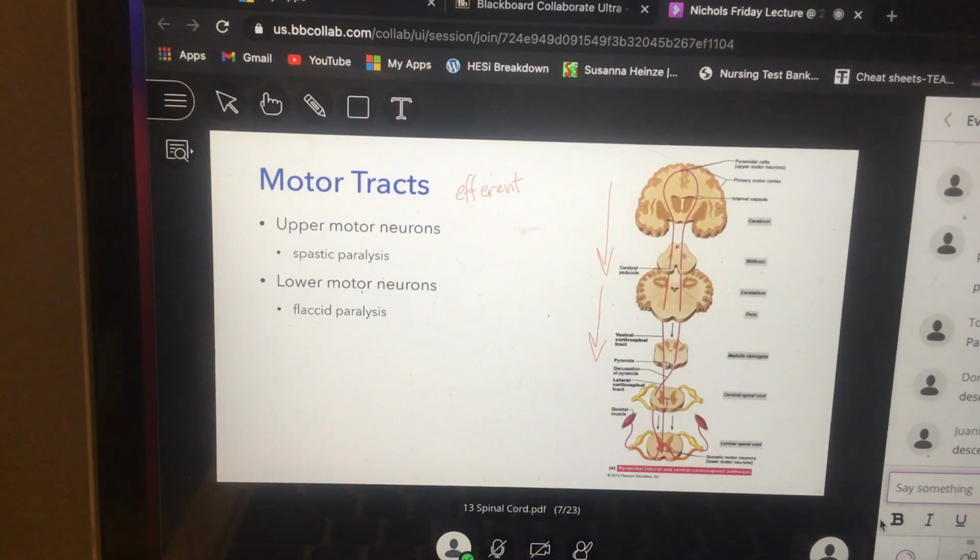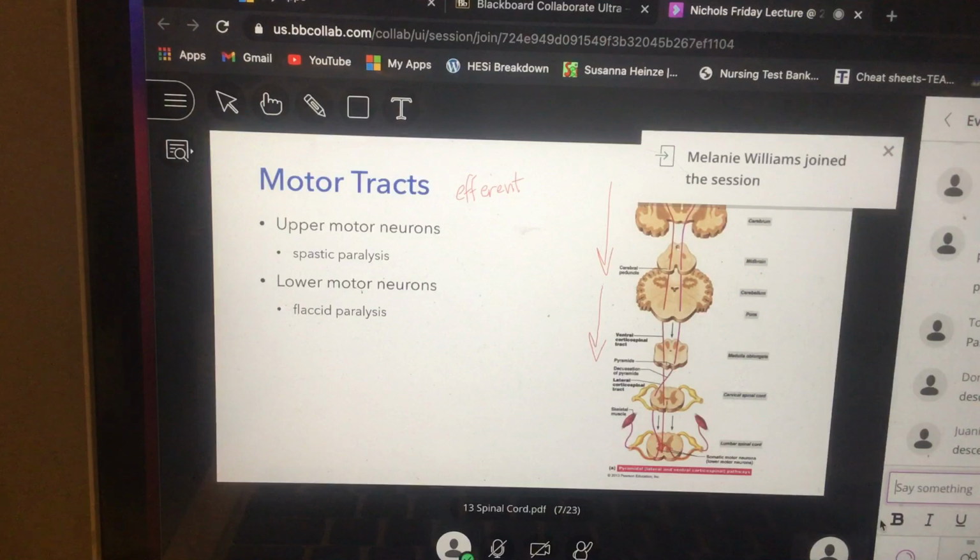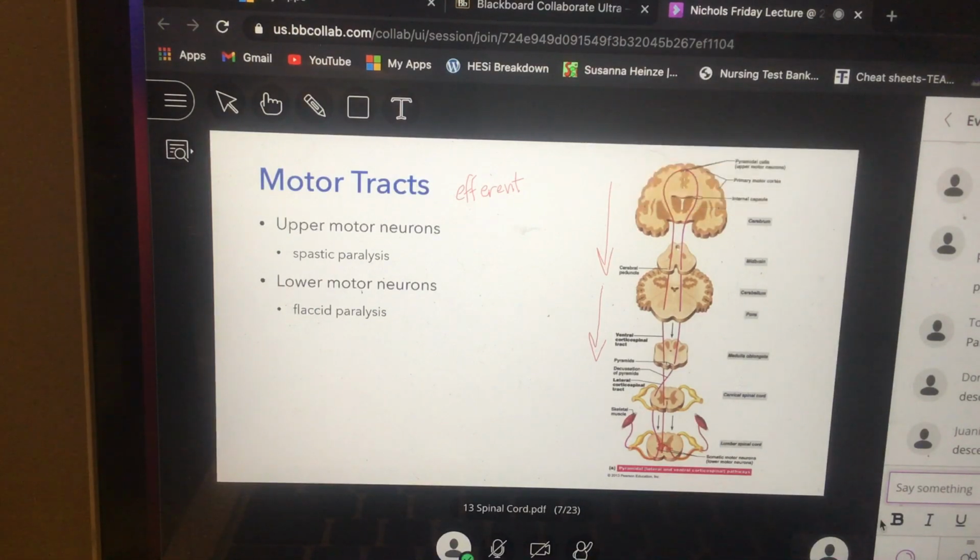They are mostly located in the anterior white columns, the anterior columns. And in fact, they're really kind of bloated in the front of the medulla oblongata.